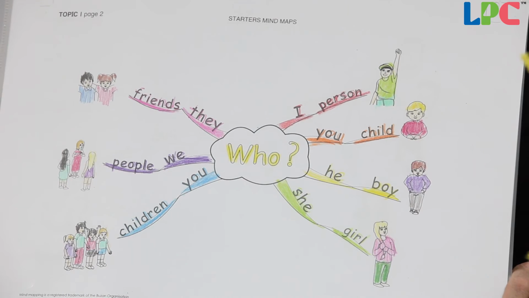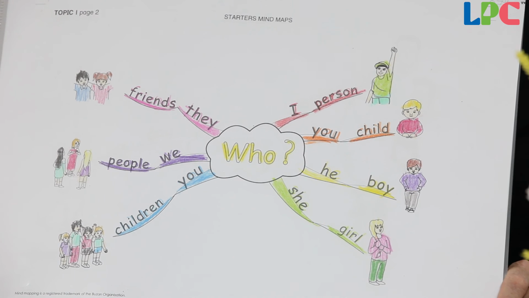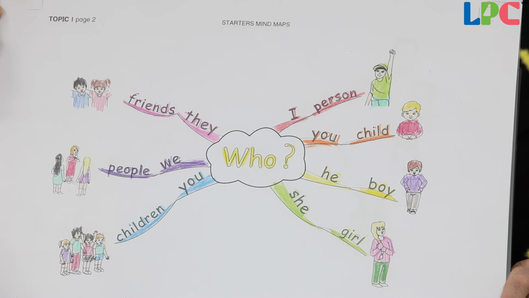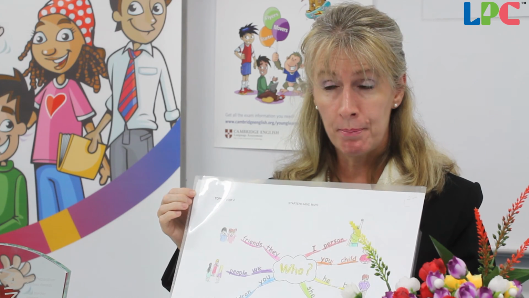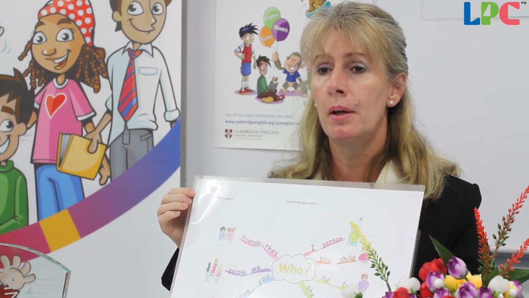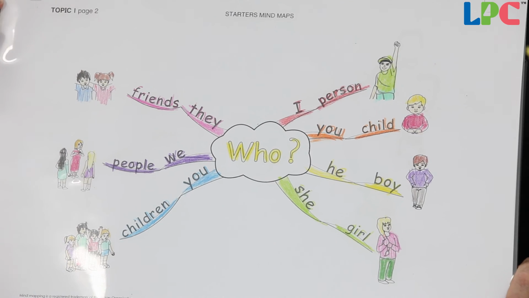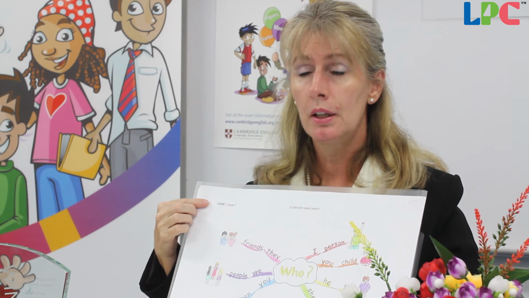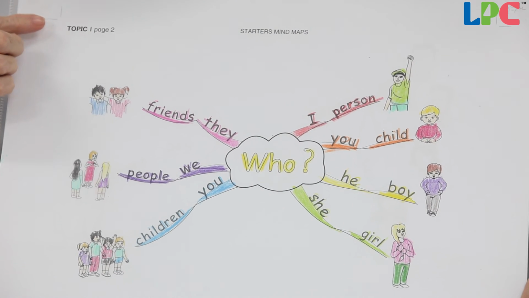Mind map page 1 and page 2. So it goes topic 1, page 1. Topic 1, page 2. In my mind map tutorials, I just call them 1A and 1B. And then we go on to 2A, 2B. This, for example, is topic 1, page 2.